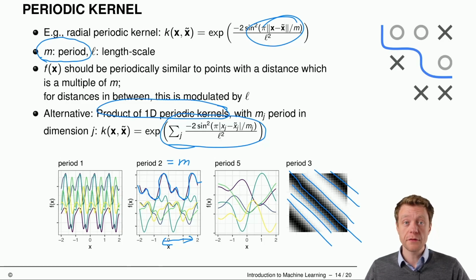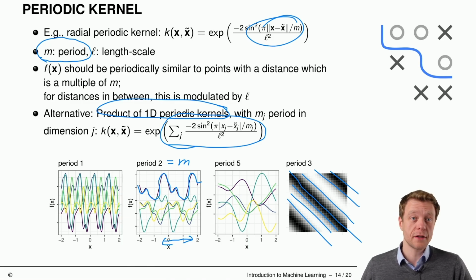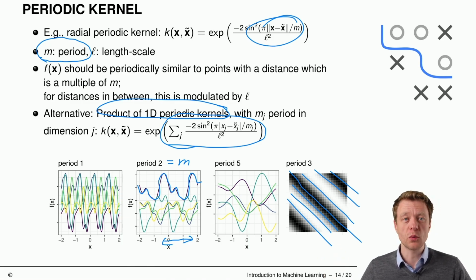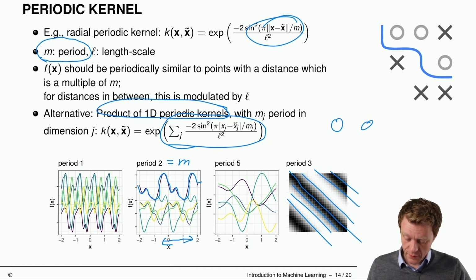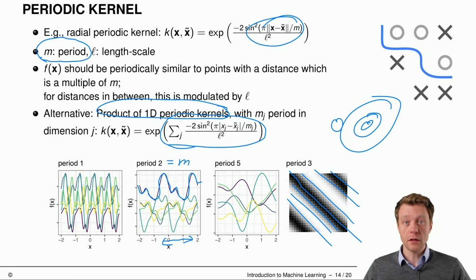We could also have different length scales, so you can do whatever you want basically. But the difference is then that this may have different periods in different dimensions. So if we are with a stone in the water again, then this would mean that the waves wouldn't be circles anymore, but they would be ellipses, right? So maybe something like this.